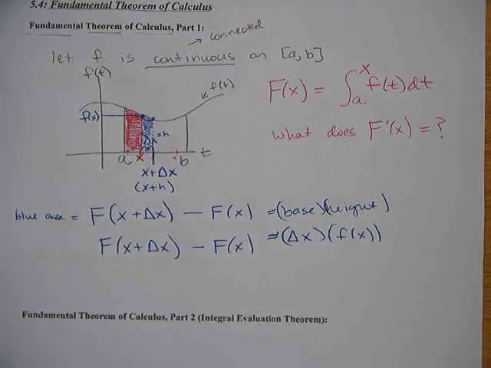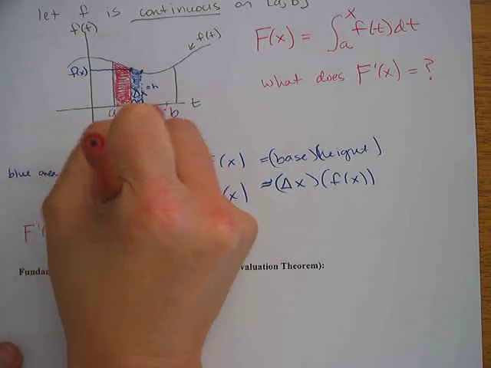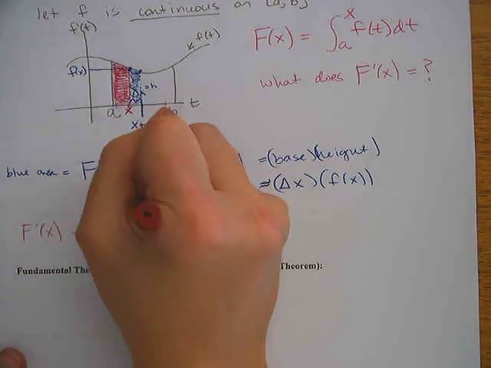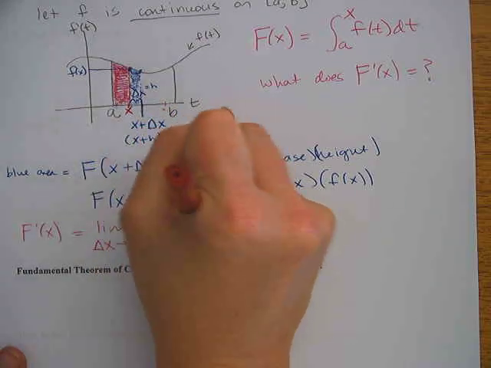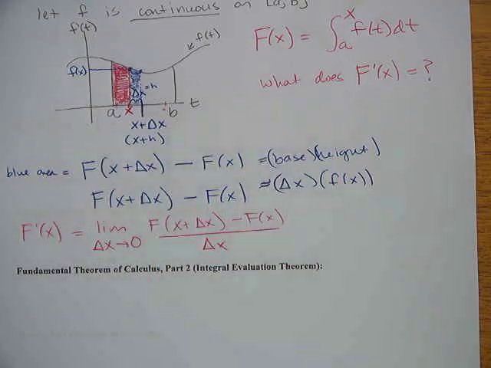Okay, now we have this established. Let's go ahead and use the formal definition of derivative to find f prime of x. According to the formal definition of derivative, f prime of x would be equal to the limit as the change in x approaches 0 of capital F of x plus delta x minus capital F of x all over delta x.